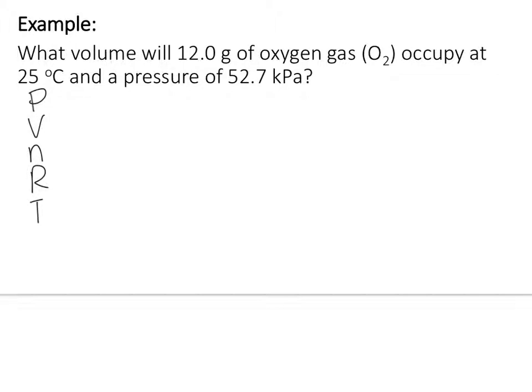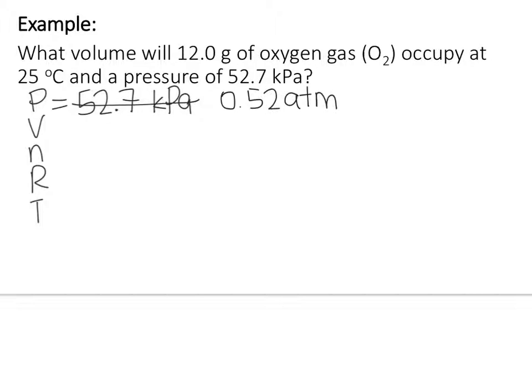All right, our pressure is 52.7 kilopascal. We need atm. So that in atm is about 0.52 atm. All right, we're looking for volume. Our moles are 12.0 grams. Wait a second, that didn't make sense. We need to get these to moles. You basically end up dividing it by the molar mass of oxygen. Let me actually write that a little differently.